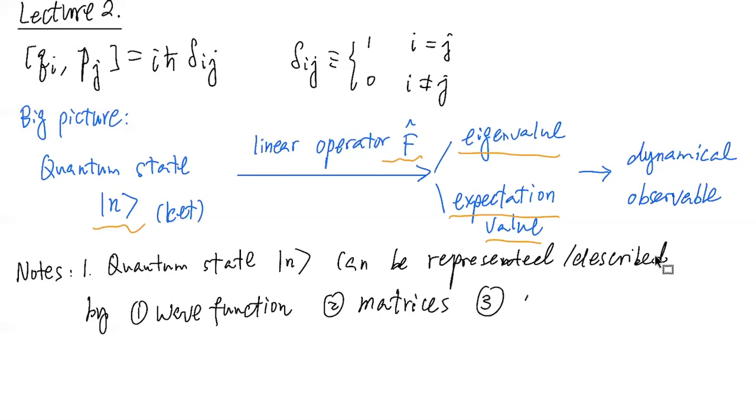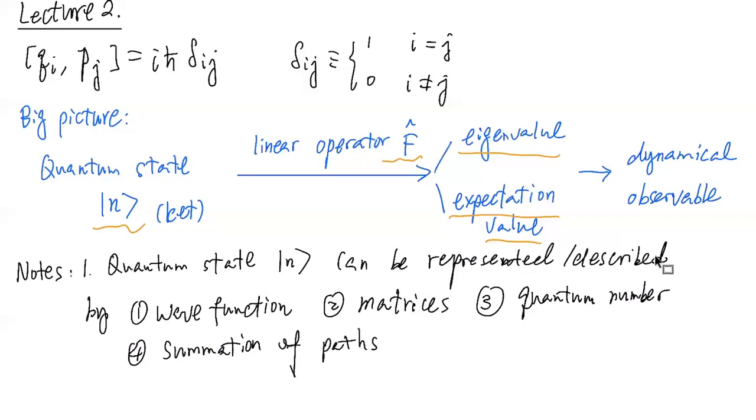You can also use quantum numbers to describe the quantum state. Sometimes we're only interested in the quantum number. Or you can even use the summation of paths. Now, this approach, the summation of paths, was actually proposed by Feynman.